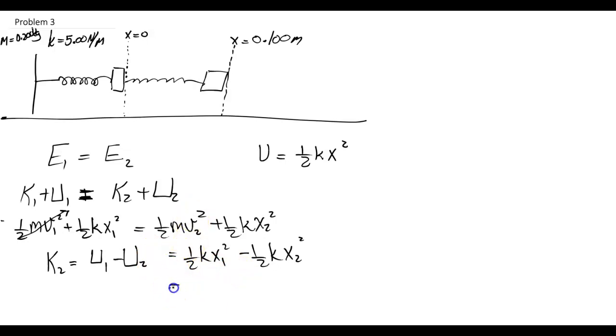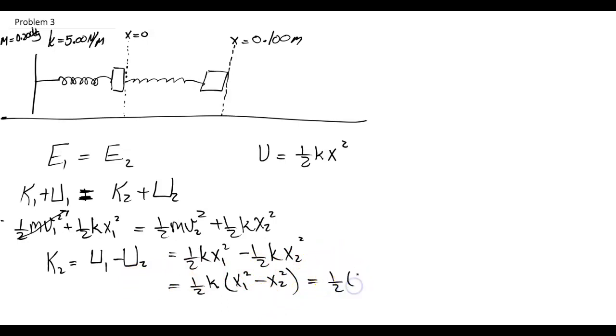And we can plug these values in. We can actually factor 1/2 k, that probably is better. And we get 1/2 k times the quantity x1 squared minus x2 squared.